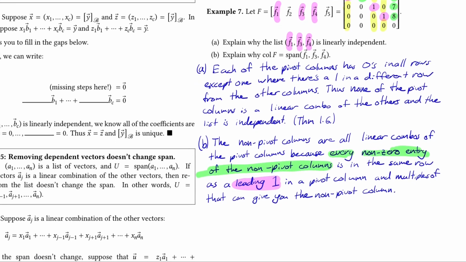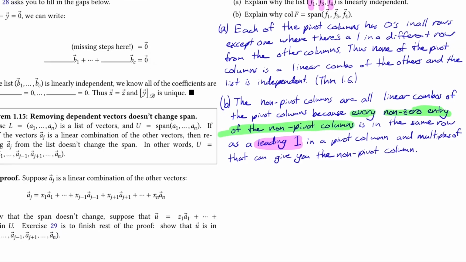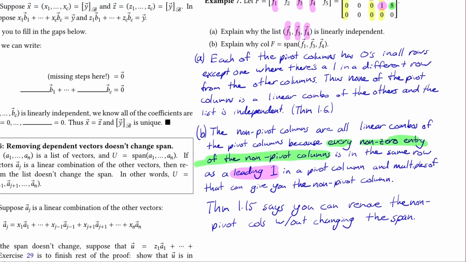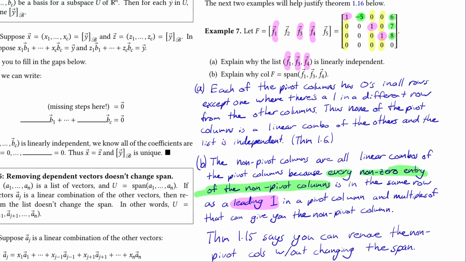Okay, and that means that you can use theorem 1.15 to remove them without changing the span. All right, so that shows why the pivot columns of F in reduced row echelon form a basis of the column space of F, because they're linearly independent and the pivot columns span the column space.